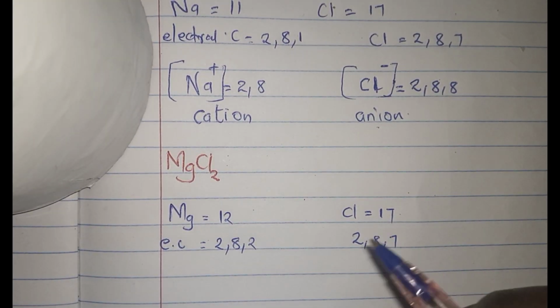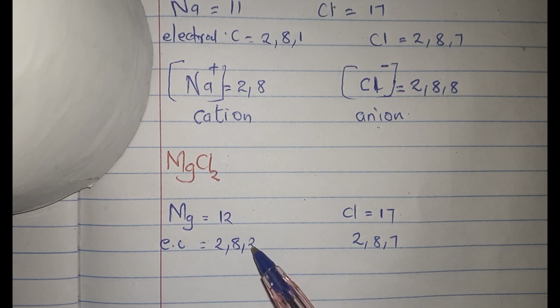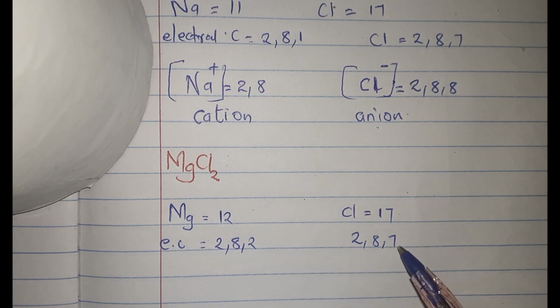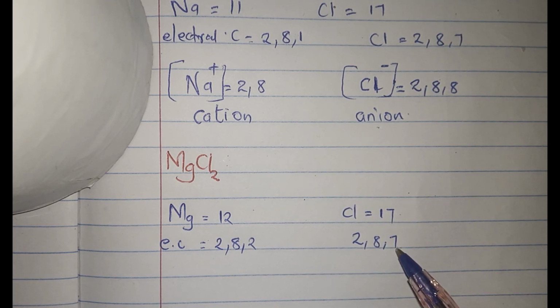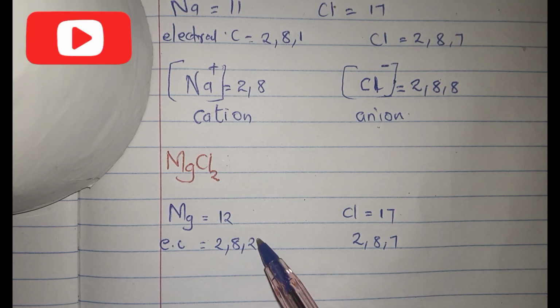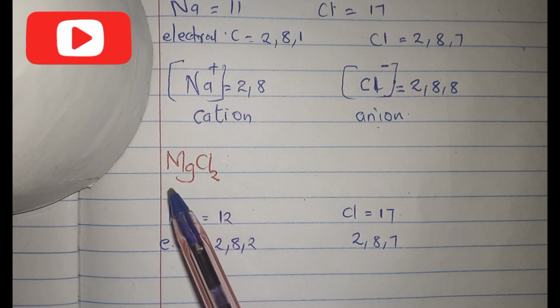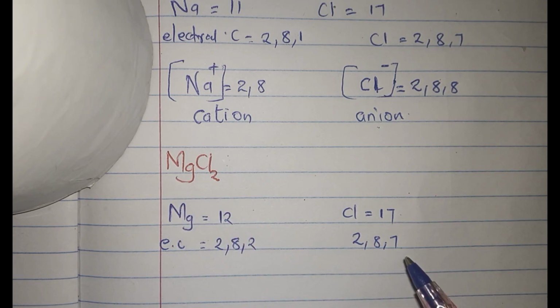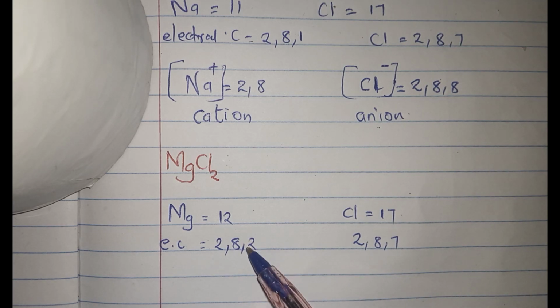So magnesium, on the outermost shell, has 2 electrons, and chlorine on the outermost shell has 7 electrons. So this means that magnesium has to donate or transfer. Remember, it is the metal. It has to transfer these 2 electrons to chlorine for chlorine to be stable. It has to donate these 2.